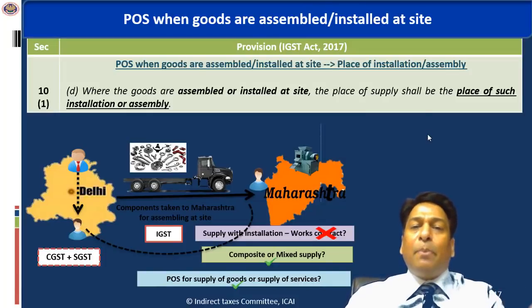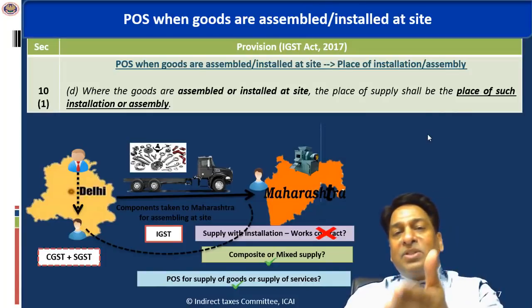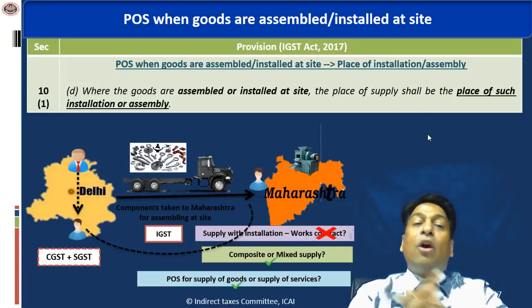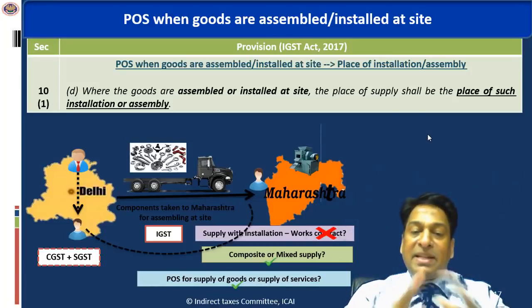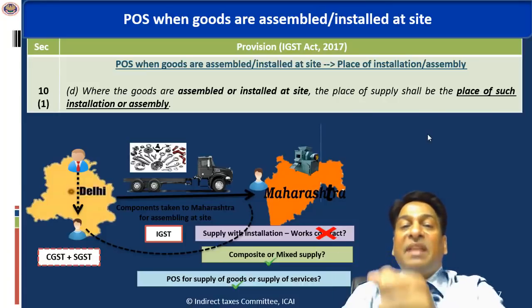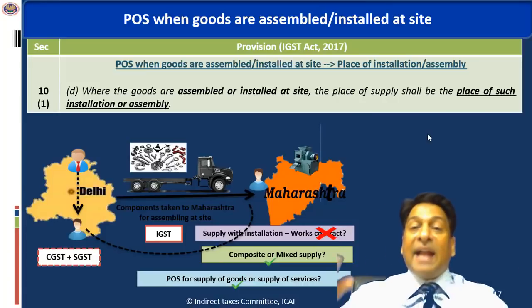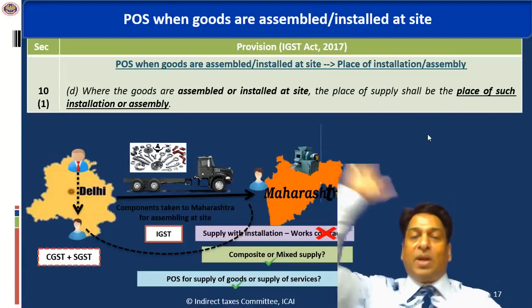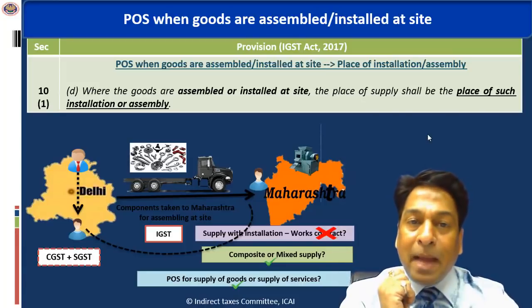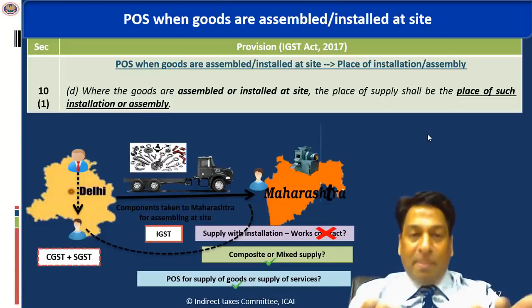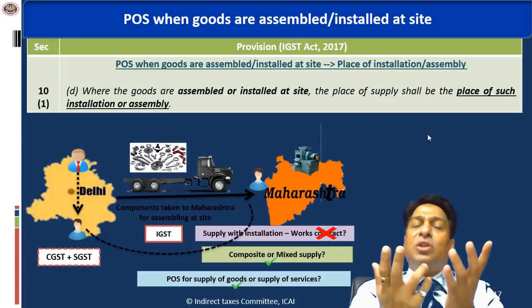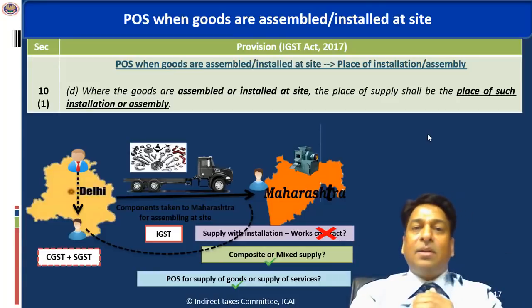So these components are being supplied to the state of Maharashtra, where they need to be installed or assembled. So these components are supplied with installation, and these are being done at Pune within the state of Maharashtra. So what would be place of supply? Place of supply would be Pune in the state of Maharashtra, and transaction would be interstate.